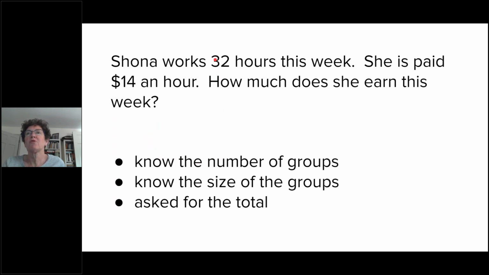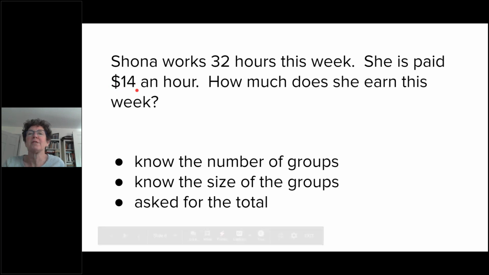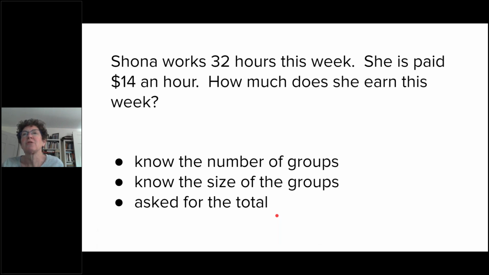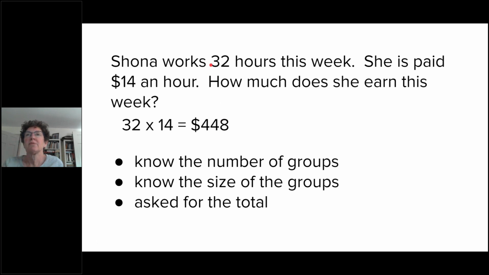We know the number of groups, 32 hours. We know the size of the groups, $14. We're asked for the total, a multiplication problem. What does that look like? 32 hours, that's the number of groups, times $14 an hour, that's the size of each group.